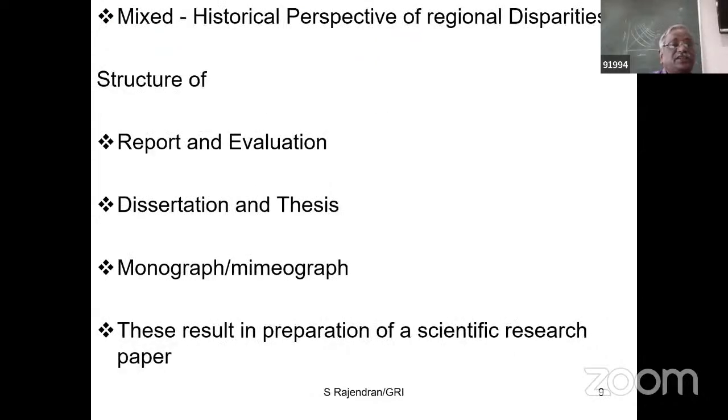Now, the social science researcher, from my understanding, should integrate both the historical perspectives of regional disparities and also the political dimensions of regional disparities. There are historical reasons, economic reasons, political reasons, and all these need to be integrated and explored for understanding the comprehensive perspective of the development spectrum in a given region.